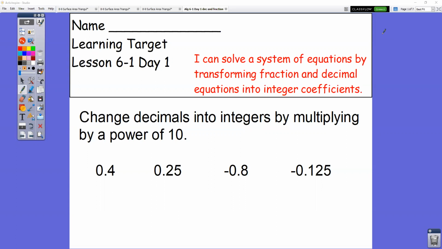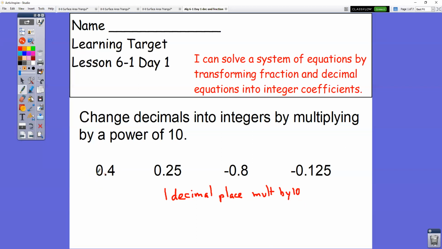non-decimal numbers. The way that we're going to change a decimal into an integer is by multiplying by a power of 10. If you have one decimal place, which means that you have a number that's in the tenths, we are going to multiply by 10 to make it into a non-decimal number.